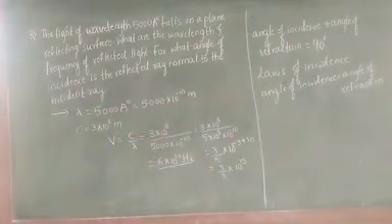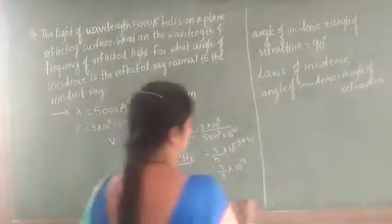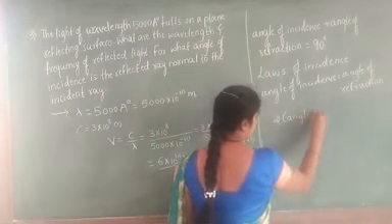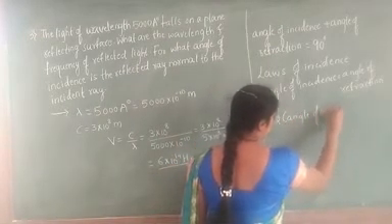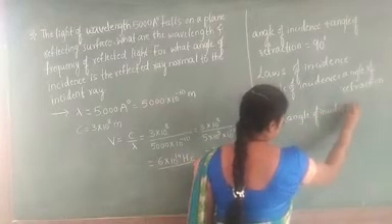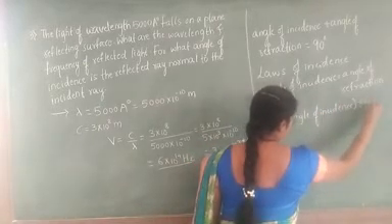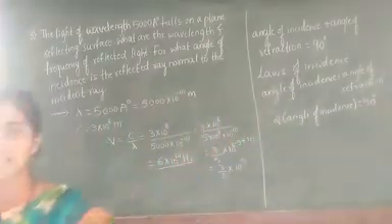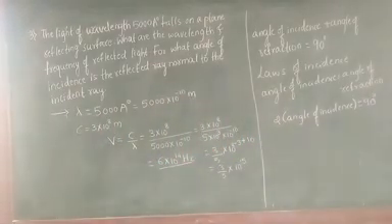Now by this we can write that 2 times the angle of incidence is equal to 90 degree.